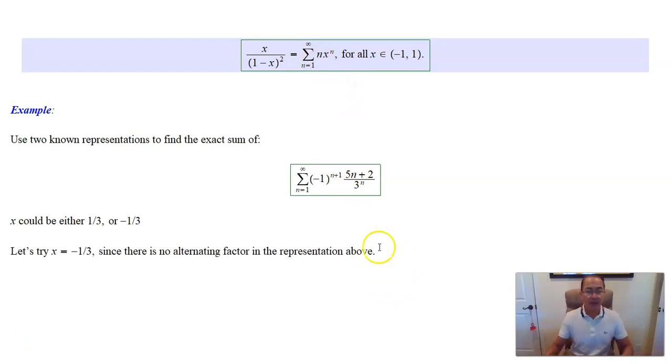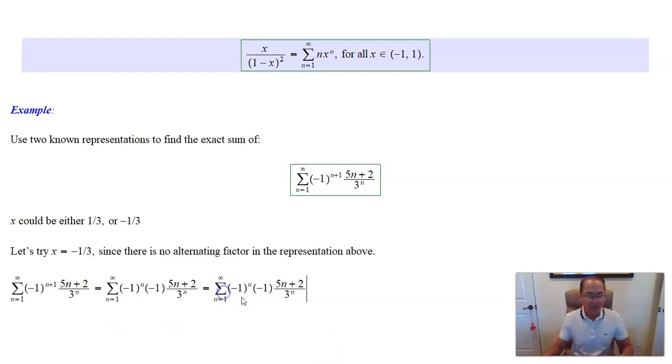Okay, so let us fold in the minus 1 to the n with the 3 to the n. Okay, so steps. Break down minus 1 to the n plus 1 as minus 1 to the n times another minus 1. Okay, so now we can take out that minus 1 completely out of the sum. It's just a constant.